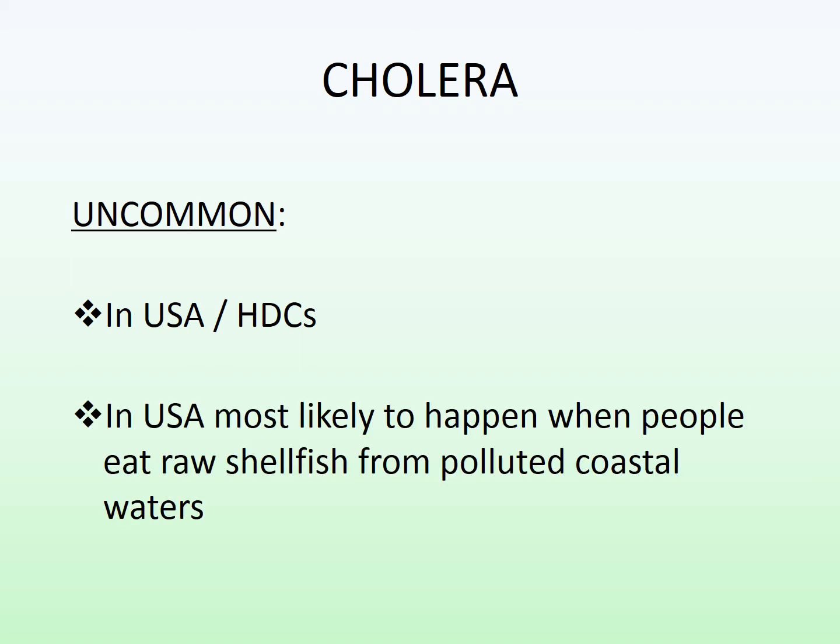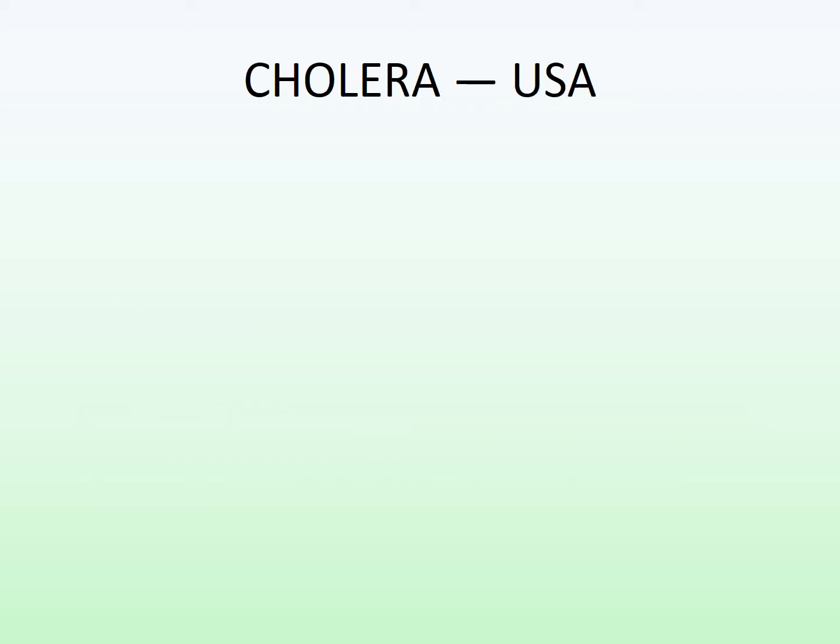In the U.S., it's most likely to happen when people eat raw shellfish from polluted coastal waters. So it's more common to get cholera from eating raw shellfish than it is from drinking water in the United States. So cholera in the United States, again, the major source is raw shellfish.